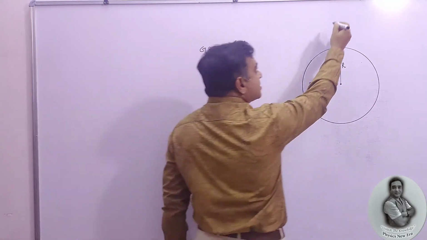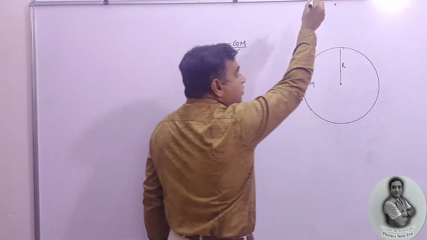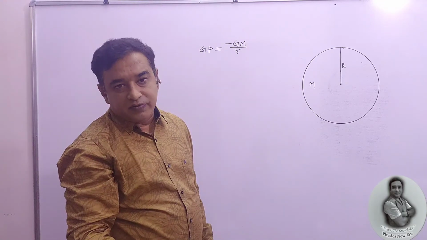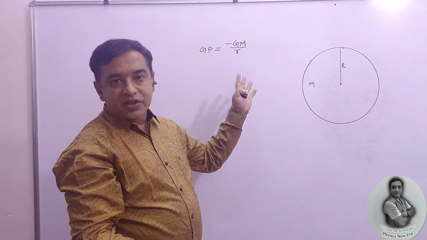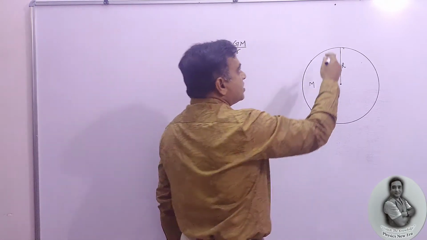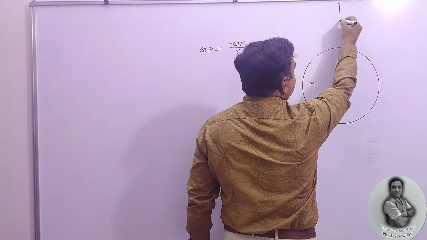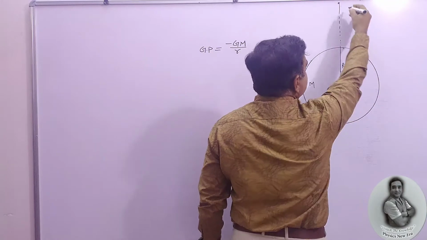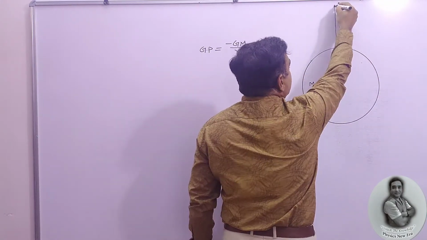Gravitational potential is the work done in bringing a unit mass from infinity to a given point inside the gravitational field against the gravitational force. What about infinite distance? Let us consider this distance, the total distance, is small.